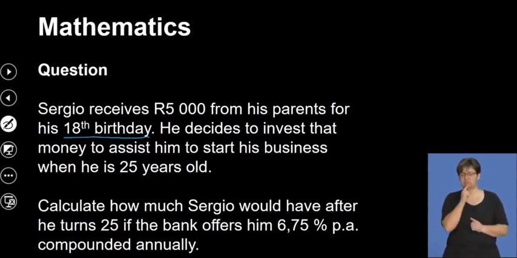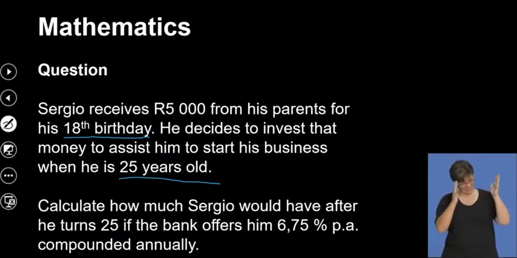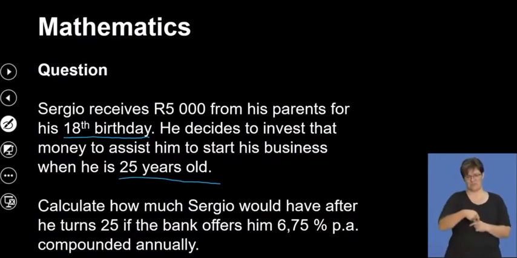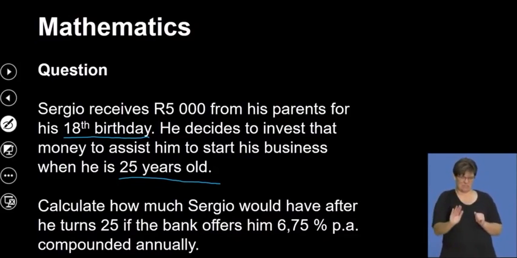He decides to invest that money to assist him to start his business when he's 25 years old. So remember, at 18, he's finishing off grade 12, and the parents say, let's surprise you with some 5,000 so that you can start your life after matric. And he decides, no, I will just save that money so that when I'm 25 years old, I can start a small business for myself.